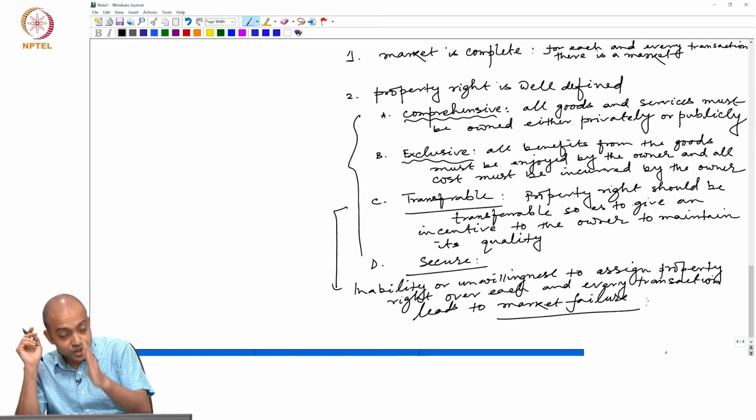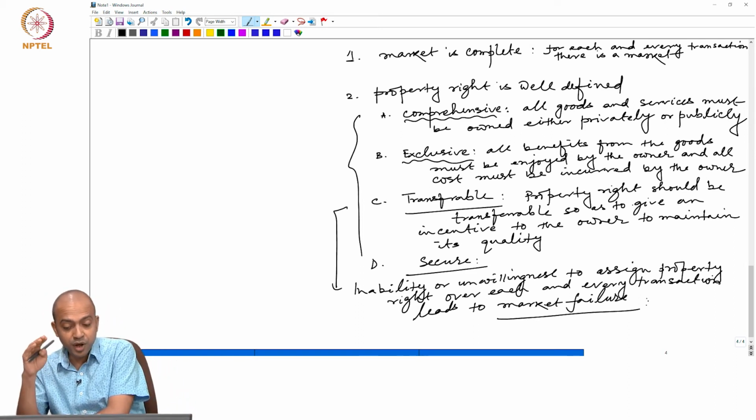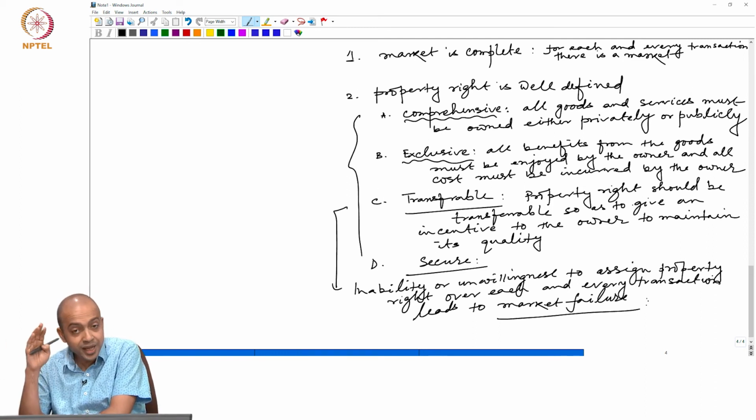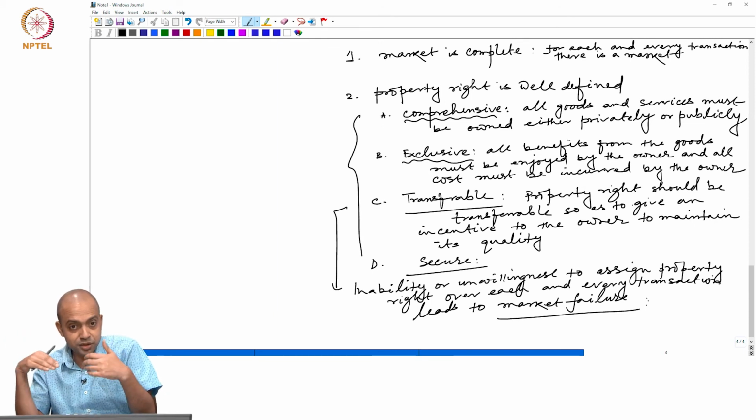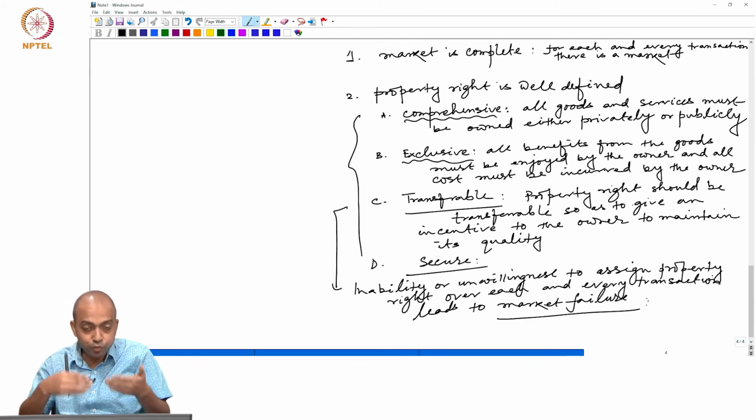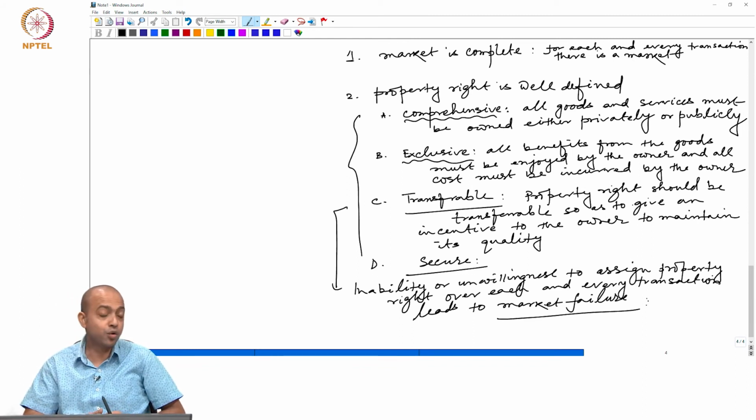That means just now we decided that market will achieve its objective of efficient allocation of resources and thereby maximum social welfare when there is a complete set of market and property right is well defined. But sometimes property right is not always well defined. Inability or unwillingness to assign property right over each and every commodity leads to market failure.